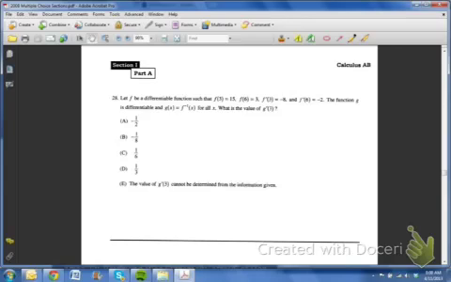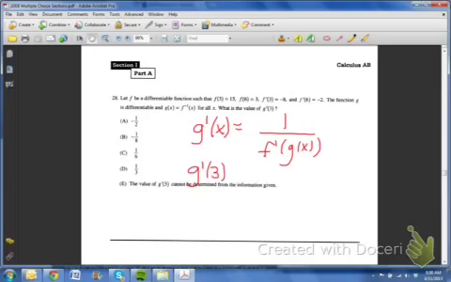This is the formula for taking the derivative of the inverse function. This is when g is the inverse of f. So we're doing g prime of 3, so we would do 1 over f prime of g of 3.